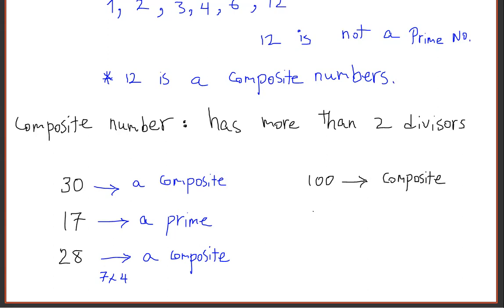Because I think every number that has a zero, like 10, 20, 30, is divisible by 5. Every number which has a 0 at the right, very good. It is divisible by 10, or it is divisible by both 2 and 5. So it has more divisors.